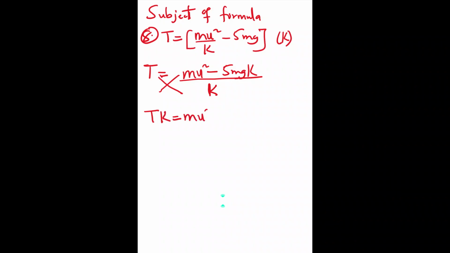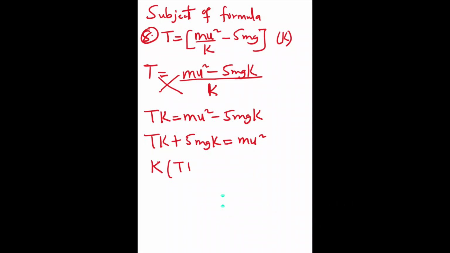So now let's cross multiply, so that we have tk equals mu squared minus 5mgk. Alright, and we have tk plus 5mgk equals mu squared. So now let's collect the like terms.